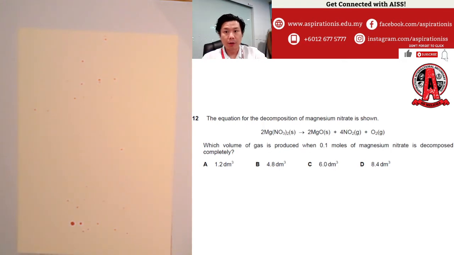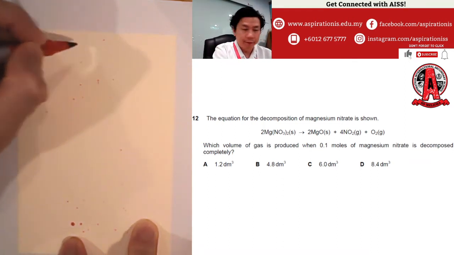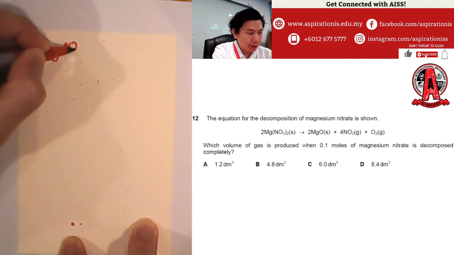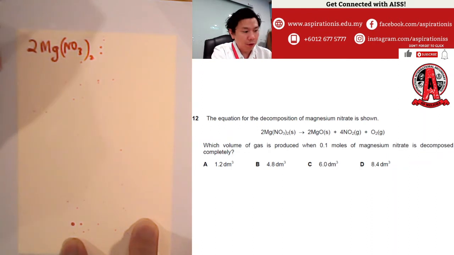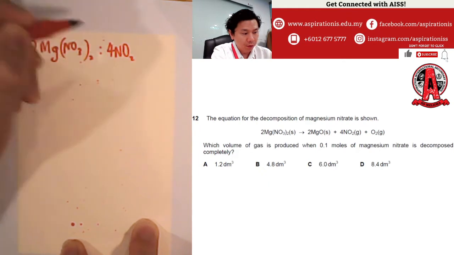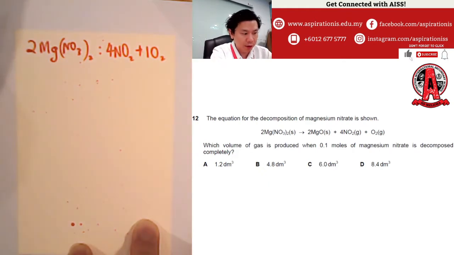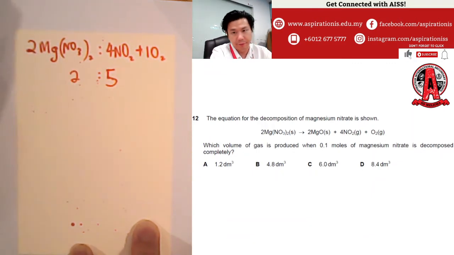If you are given the moles, you will know that you have 2 moles of magnesium nitrate and you have 5 moles of gas. You got 4 moles of nitrogen dioxide and 1 mole of oxygen. So 2:5.